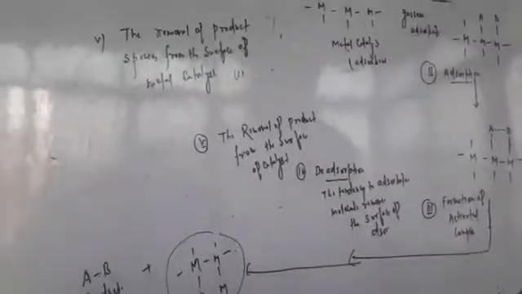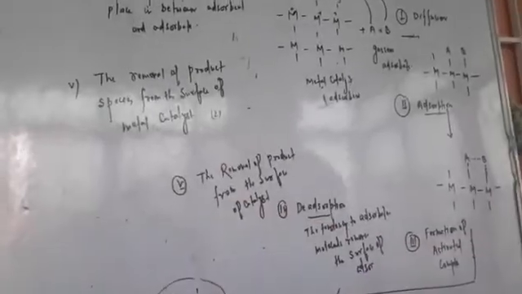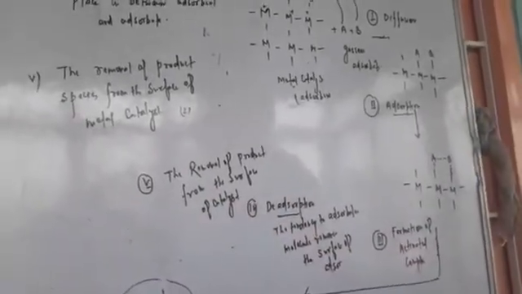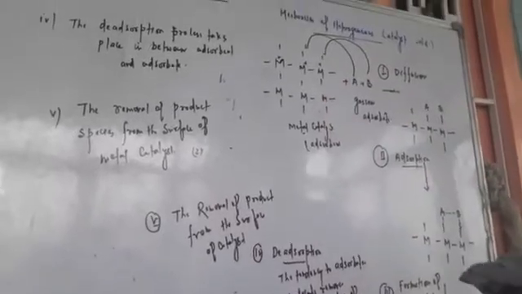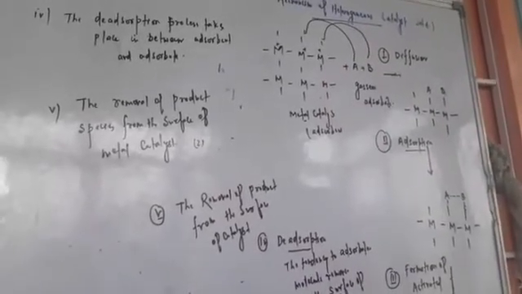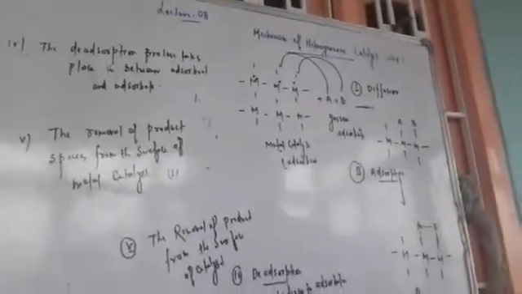The catalyst simply helps the chemical reaction take place. These are the steps by which heterogeneous catalyst reactions take place.